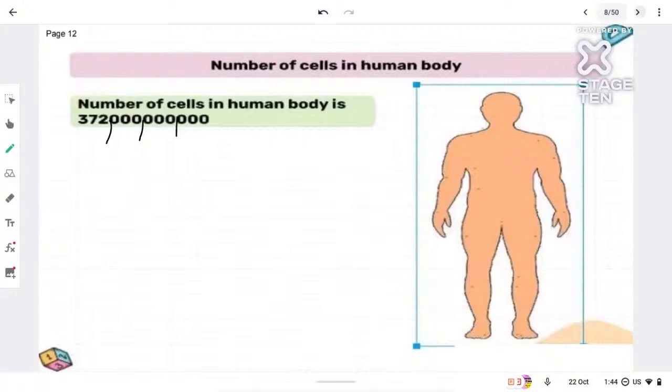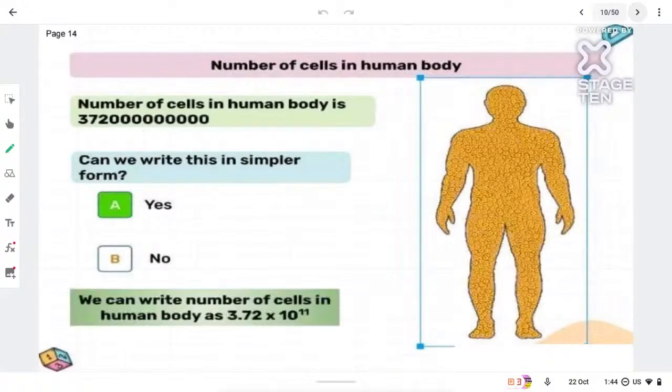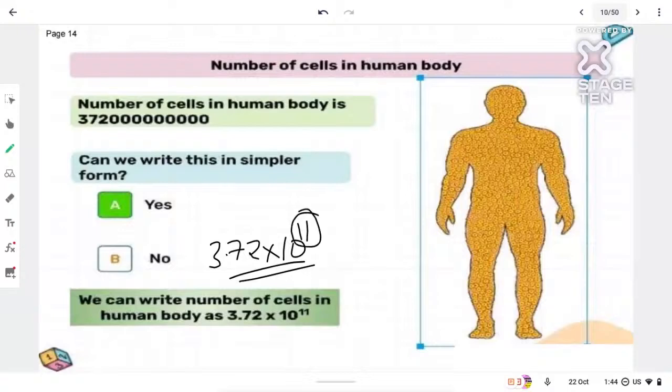We cannot write such a big value, so again, can we write it in a simpler form? Yes, we can. We write it in the form of 3.72 into 10 raised to 11. Whenever this upper power, that is the exponent, is positive, it means a very large number.